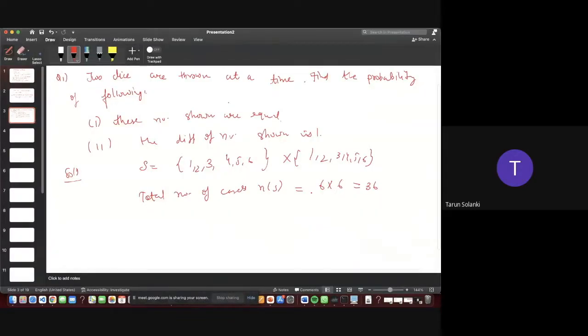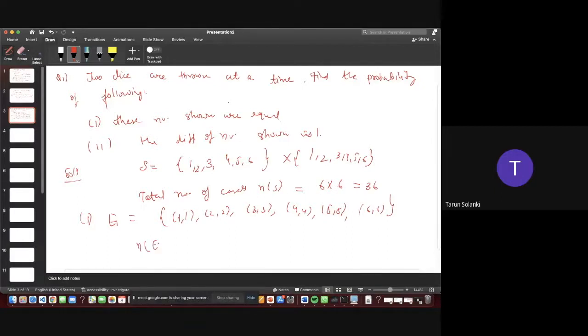Now here we can write first event E1. This event is showing an equal number on both dice. Equal number on both dice means you can write 1 1, 2 2, 3 3, 4 4, 5 5, and 6 6.